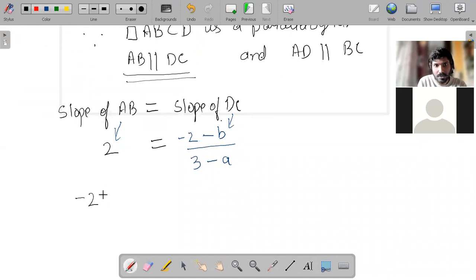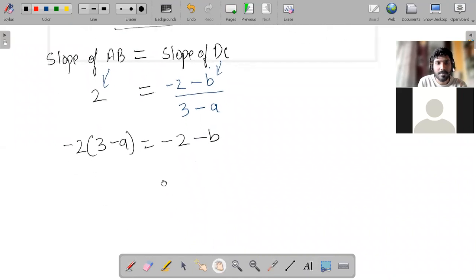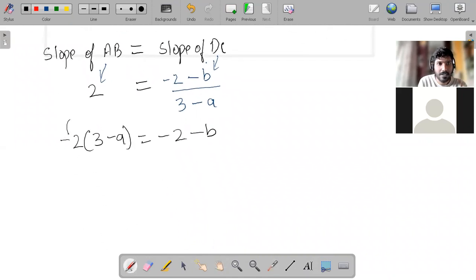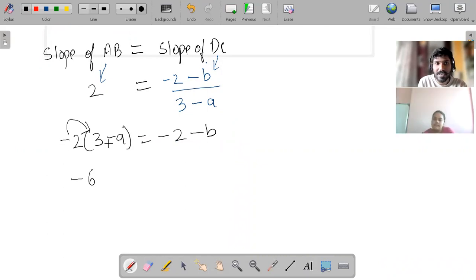So this will become minus 2 into 3 minus A is equal to minus 2 minus B. Now here you multiply the minus 2 inside. So minus 2 into 3 will give you minus 6. And minus 2 into minus A, minus and minus will become plus, and 2 into A will give you plus 2A.